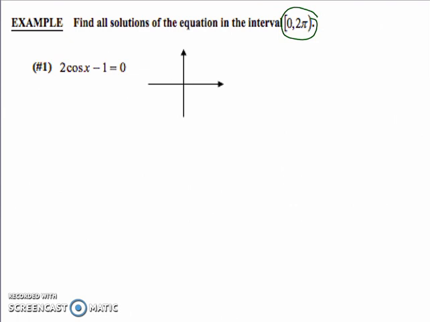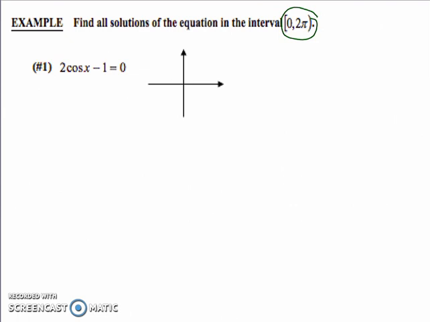Remember, we could keep going around and around, and we could have an infinite number of solutions for any equation because cosine is a continuous function that just keeps going. It's periodic, and the same thing with sine. So if we restrict our interval to just 0 to 2 pi, then we're just looking for answers that live on one revolution of the unit circle.